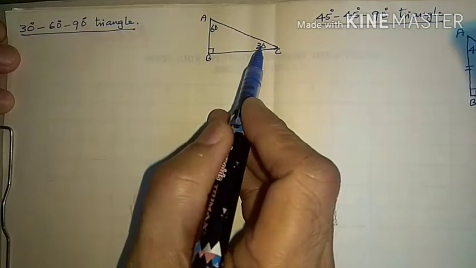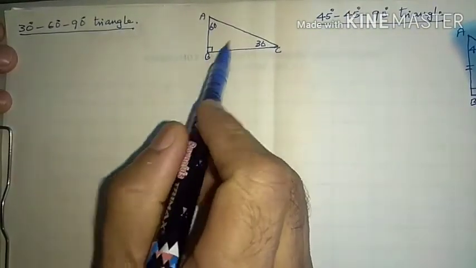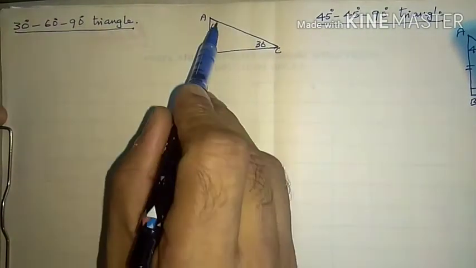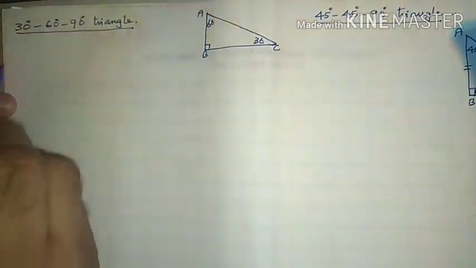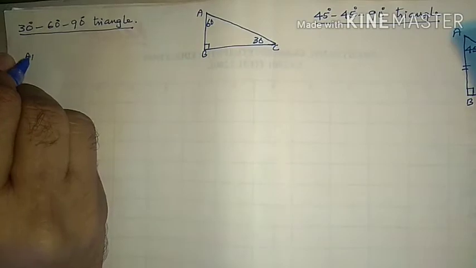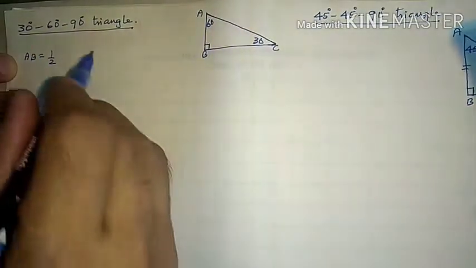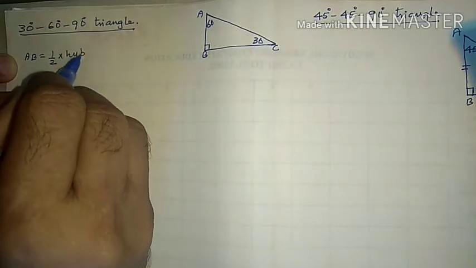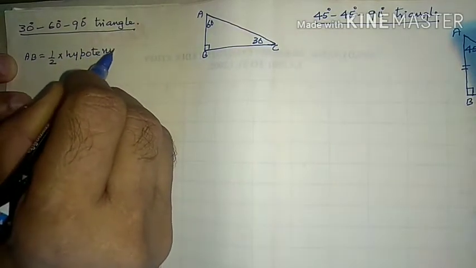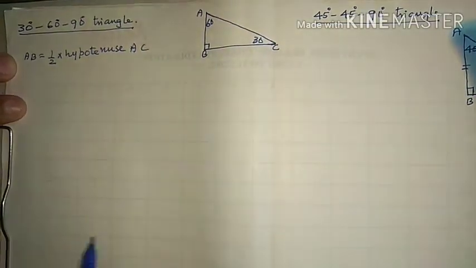In a 30, 60, 90 triangle, the side opposite to 30 degree, AB, is equal to half of the hypotenuse AC. This you studied in the previous standard.